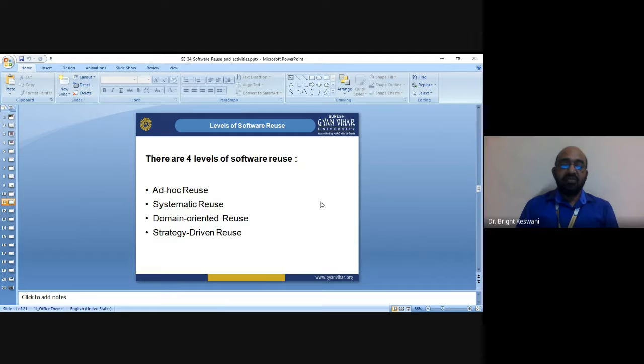When we talk about domain-oriented reuse, at this level, the organization focuses on creating a library of reusable assets within the existing and future business domains. And this allows the organization to build up a repository of reusable components and therefore to be more competitive.